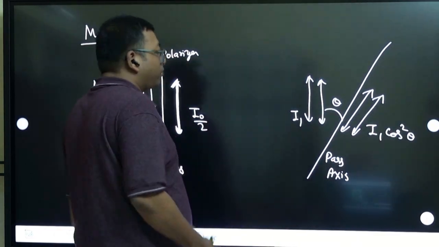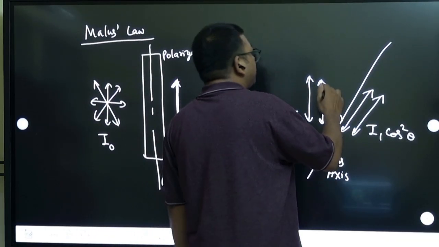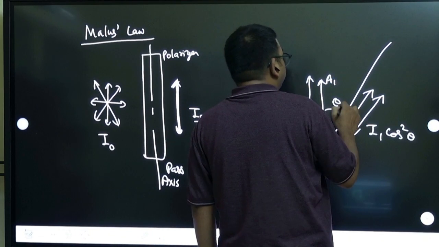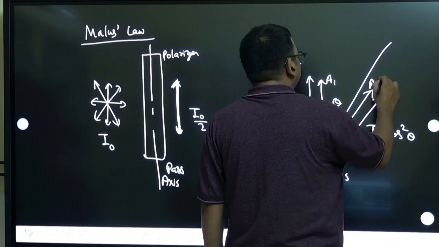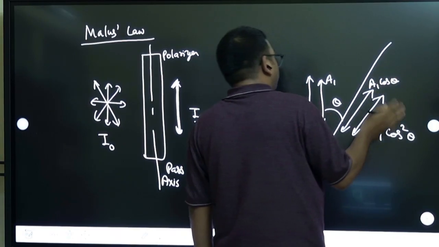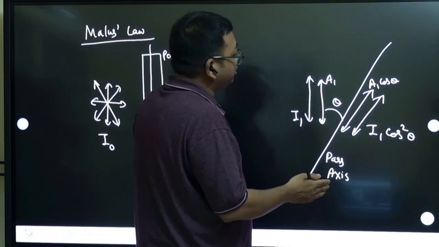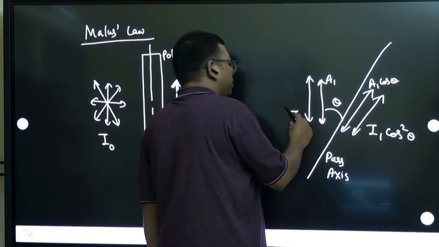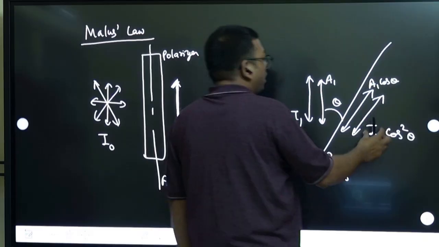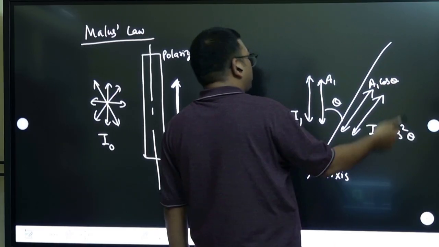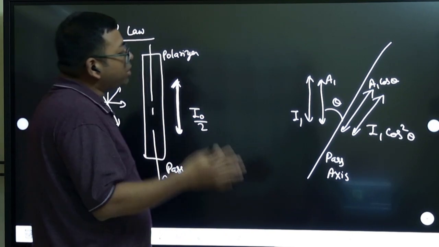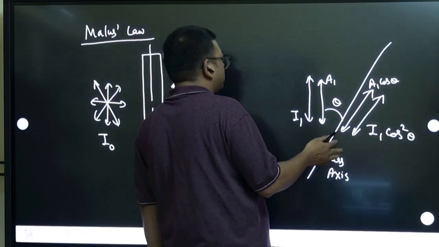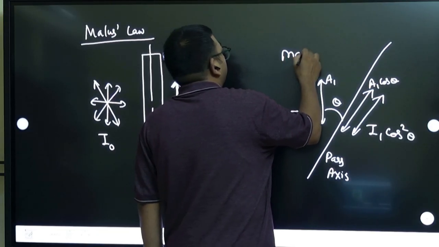Why does it happen? Because suppose this amplitude is A1, this amplitude is A0, so here the component of amplitude you have to take as A1 cos theta. You know intensity is proportional to the amplitude square, so I1 is proportional to A1 square, and this intensity is proportional to square of this, that's why it becomes I1 cos square theta. This law is called Malus law.